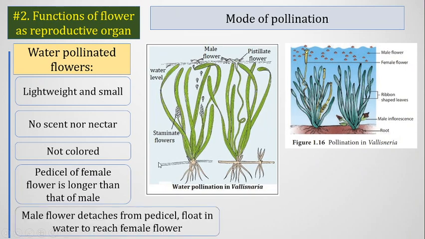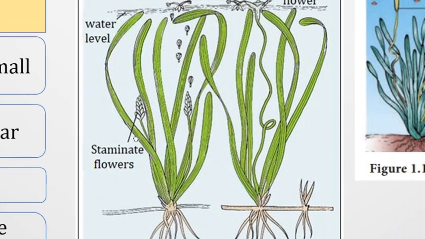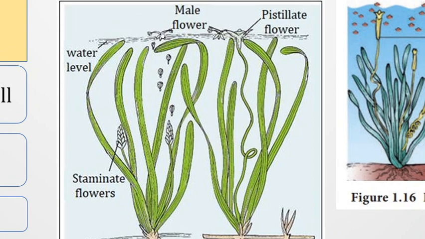The male flower detaches from the pedicel when it matures and floats on water to reach the female flower. So how does it fertilize? The staminate flowers, or male flowers, when they mature, are released from the pedicel and float upward. They float with the stream current, and then eventually reach the pistillate flower, or female flower, and pollinate it.